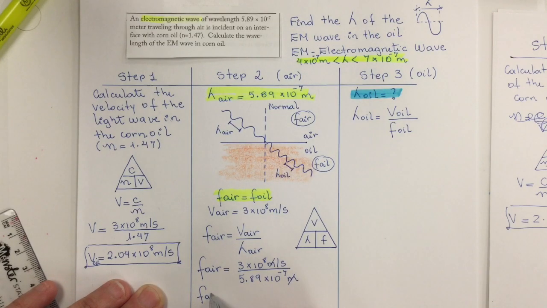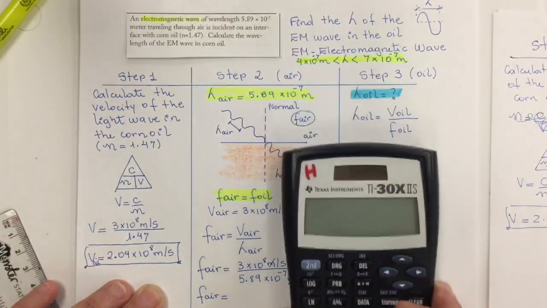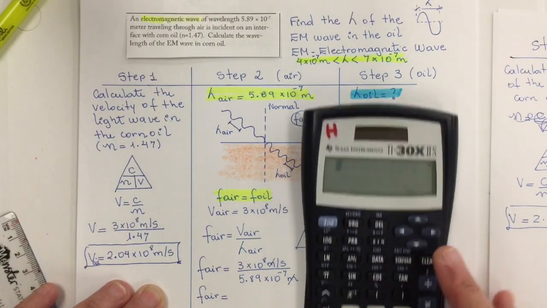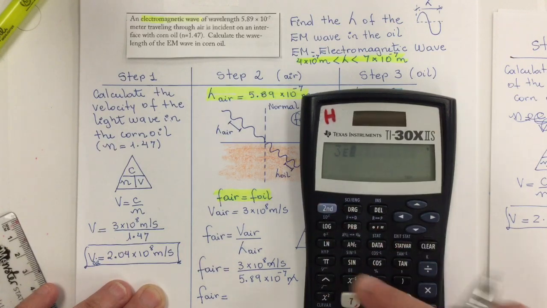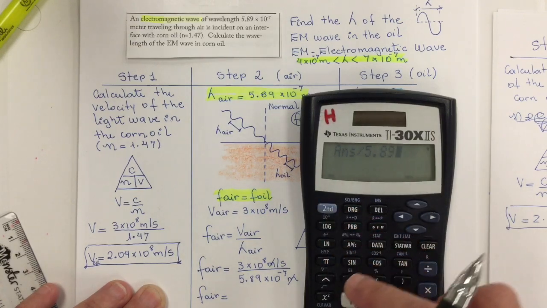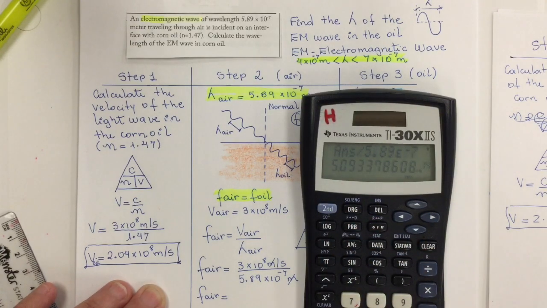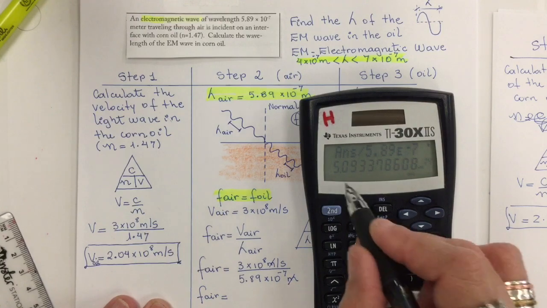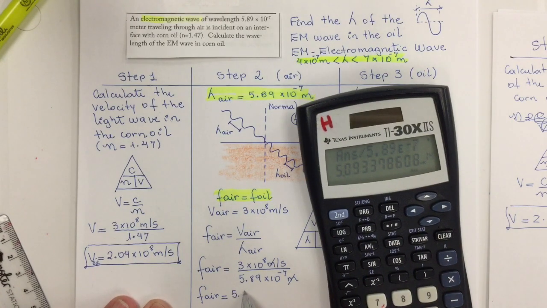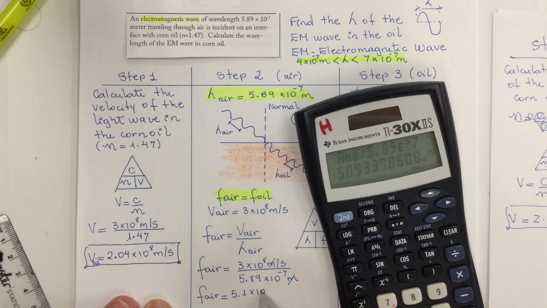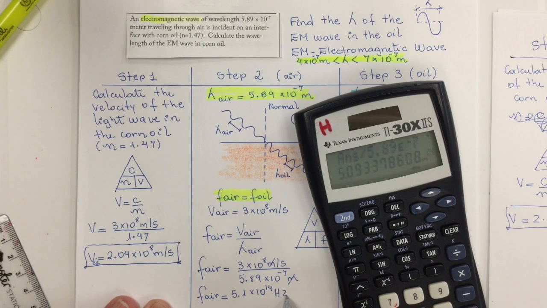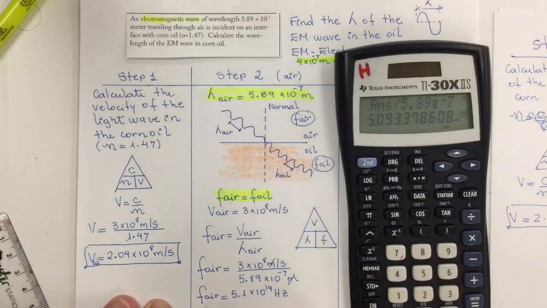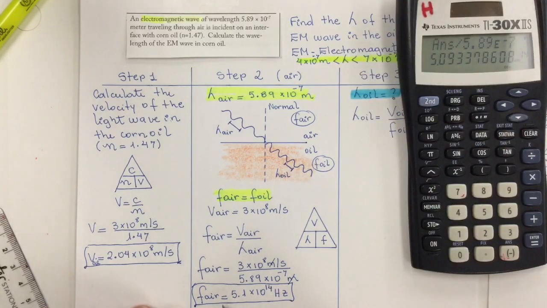Using my calculator, 3 times 10 to the 8 divided by 5.89 times 10 to the minus 7, we can round this to 5.1 times 10 to the 14 hertz. So that is the frequency of the light wave in the air.